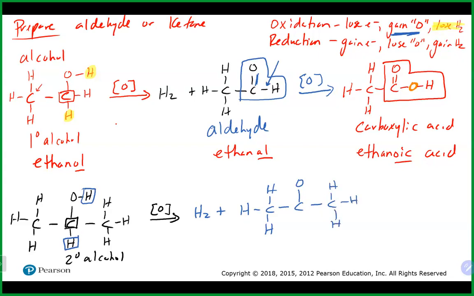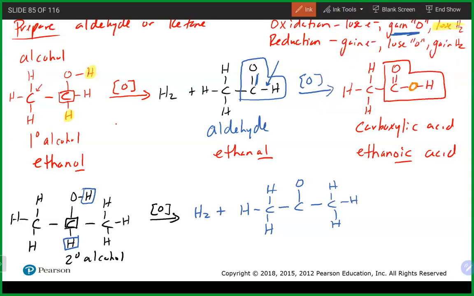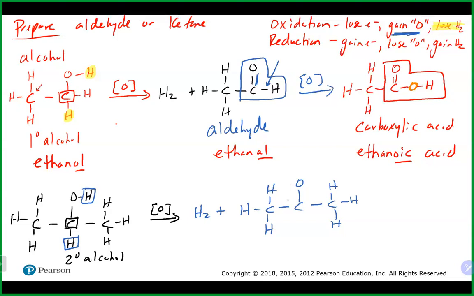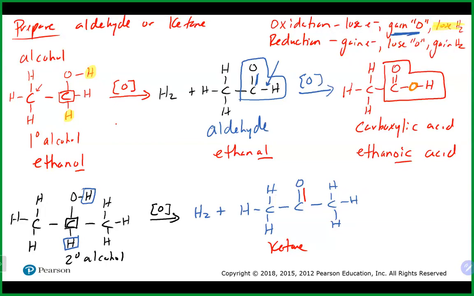And just like before, because I removed two hydrogens, I will always insert my double bond right there between the carbon and the oxygen. And that will make our ketone here. And that is our ketone group, as we can see right here: three carbons in a row with our carbon-oxygen double bond happening right there.